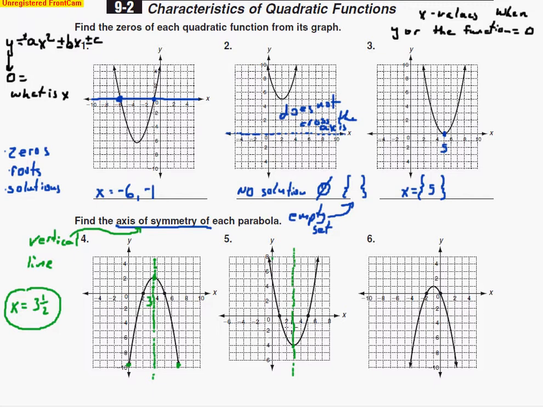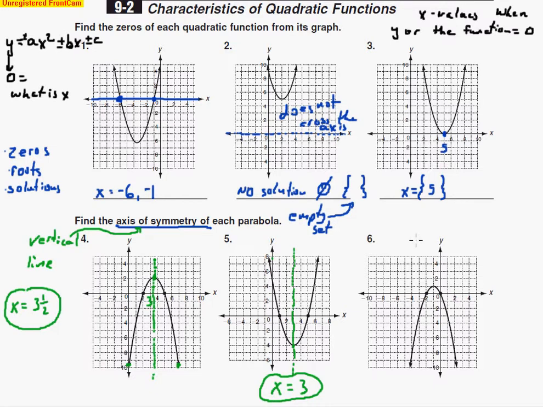And so what is this vertical line? Well, since there's only one x value and an infinite number of y values, it's just x equals wherever it crosses the x-axis, which is in this case at 3, right in between 2 and 4. So there's our answer. The axis of symmetry is x equals 3.